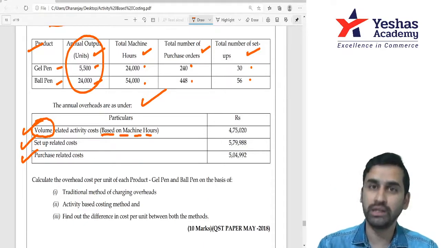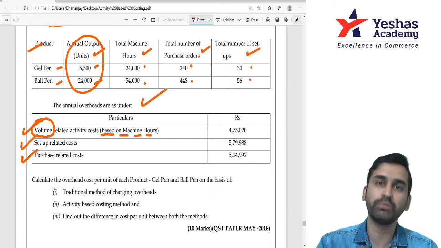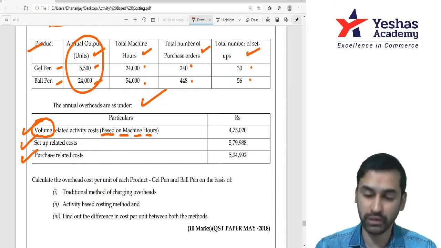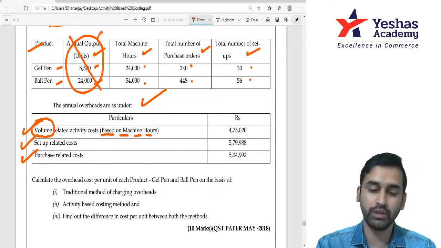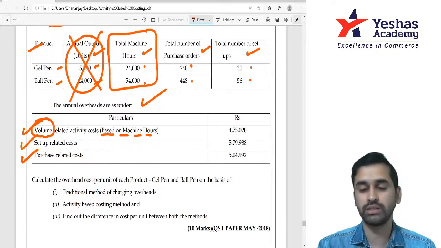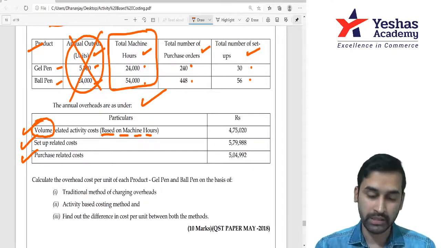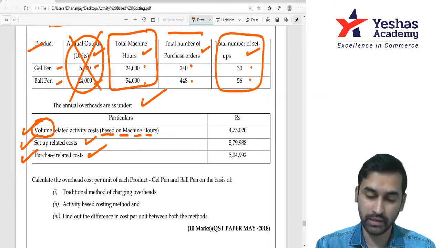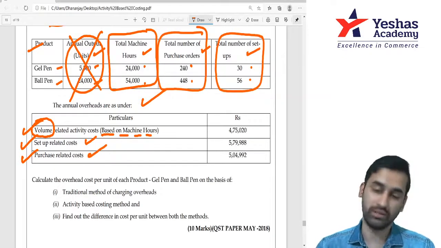The logic must be, if you produce more units, if the volume goes up, machine hours also go up. More units, more hours. Therefore they said do it on machine hours basis. Clear? Setup cost, number of setups given here. Purchase related cost, number of purchase orders. Very simple problem.